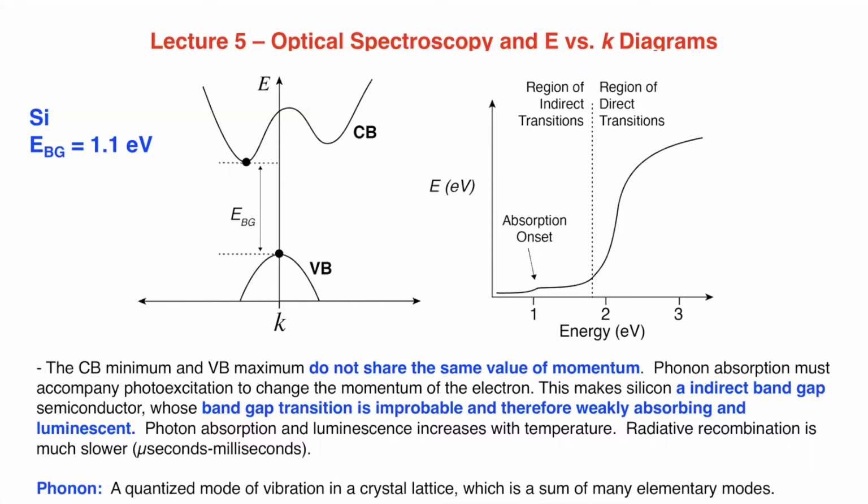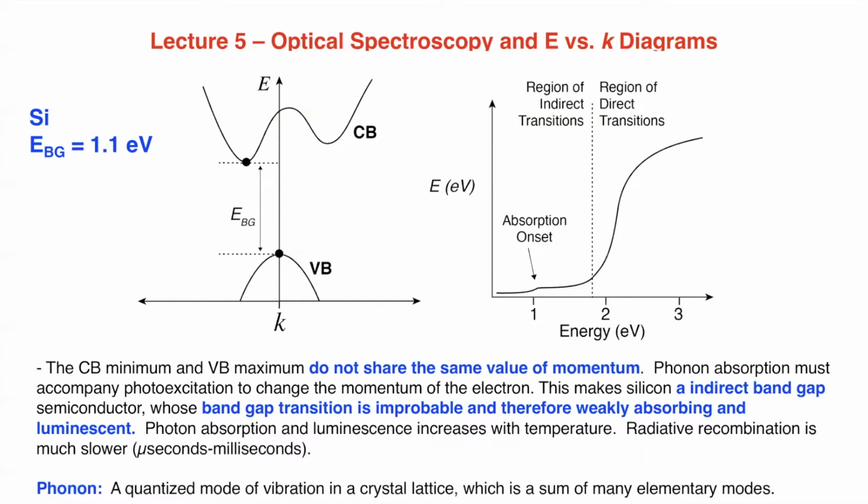In fact, in order to conserve momentum and make this transition, you actually have to add a phonon to the mix. So that electron will react with the phonon in a way that allows the electron to transition from the conduction band to the valence band and recombine. But that probability is much lower as a result. And so silicon is not very photoluminescent.